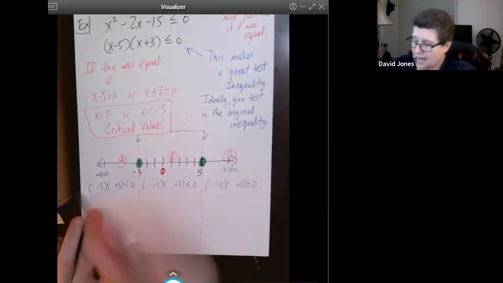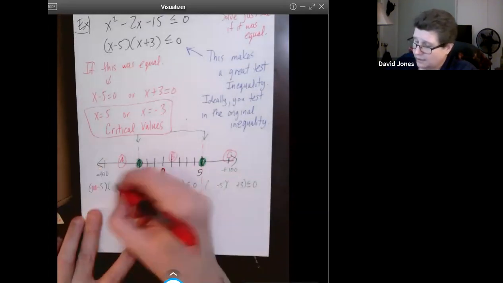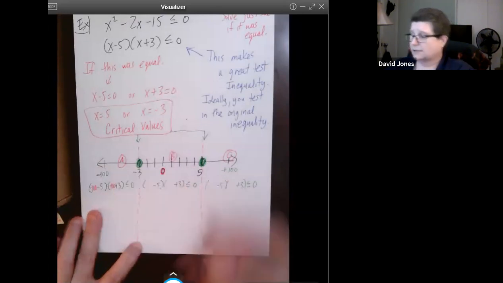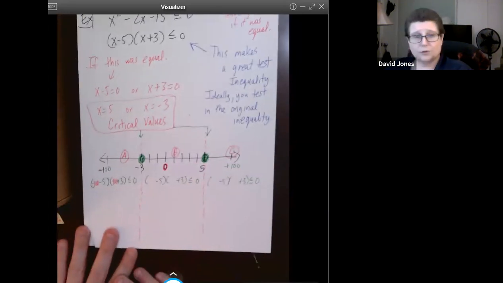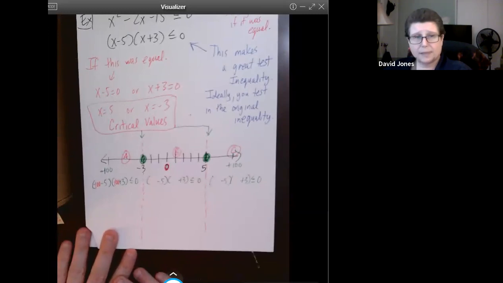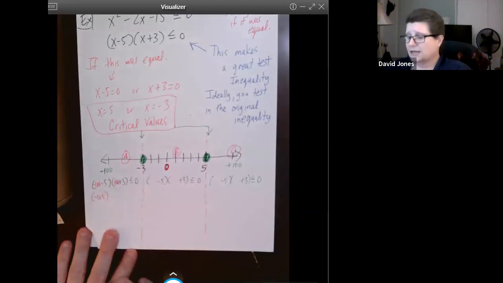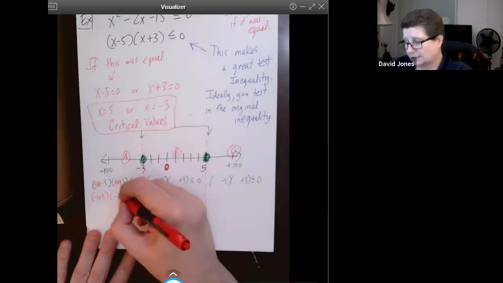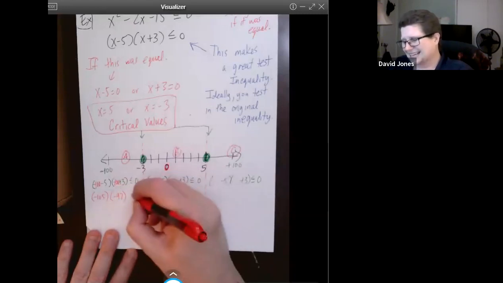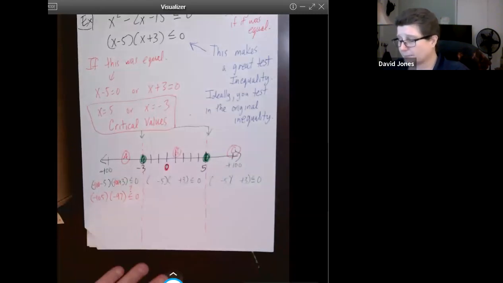On region A, I'm going to use negative 100 for x. Let's just work through that real quick. Negative 100 minus 5 is negative 105. Negative 100 plus 3 is negative 97. Is that less than or equal to 0?